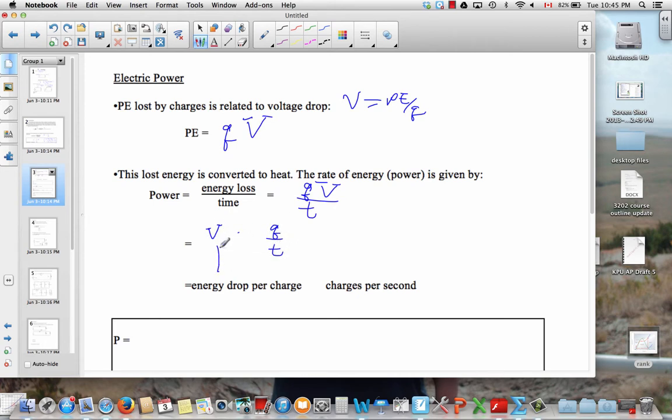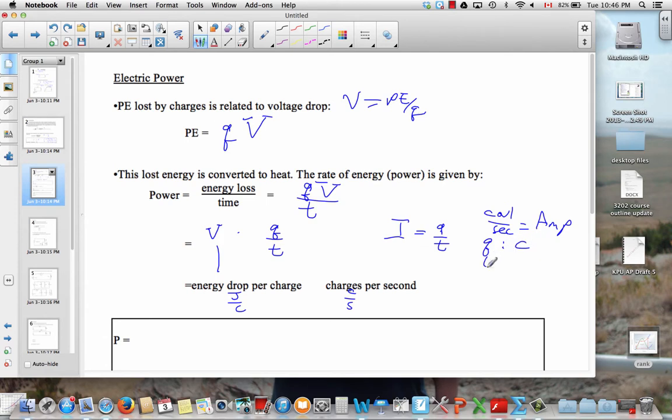Now voltage is the energy drop per charge in joules per coulomb. This is the coulombs per second of charge flow, and that is the current. Because a coulomb per second is an amp of current.